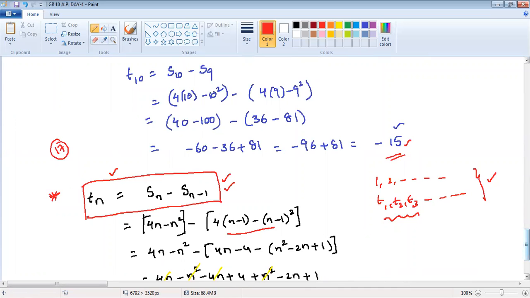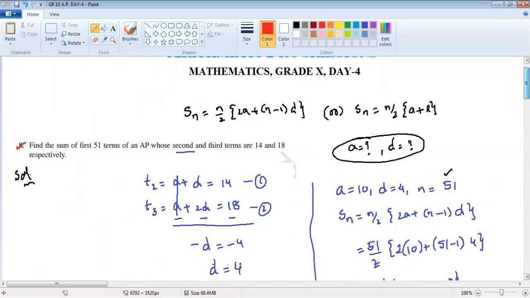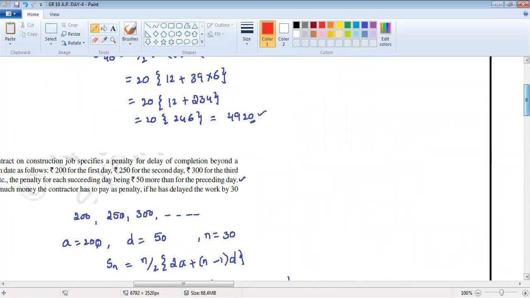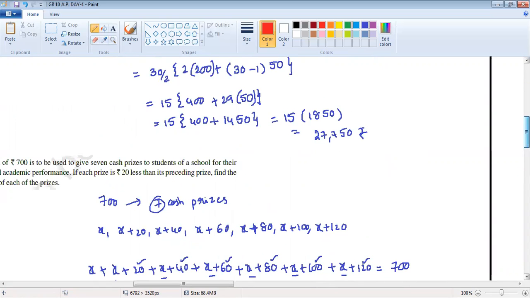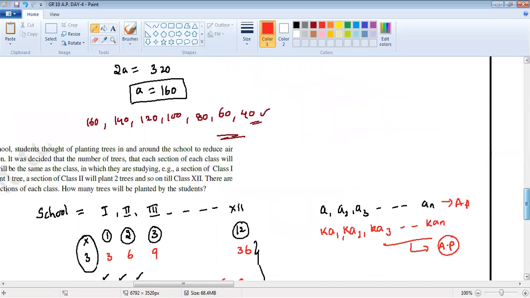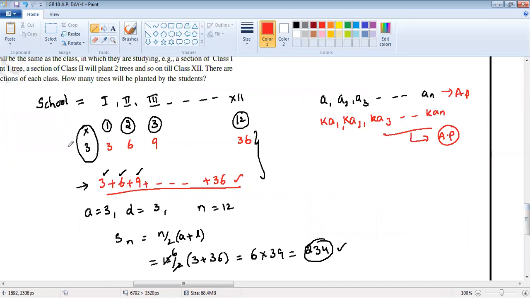And after that, construction job is fine. The 700 rupees cash prizes. This is mostly they'll ask for 3 mark or 4 mark. So here also we did these models. And next one here, multiplication with the 3. So important property, I said, we have to remember. And we have learned this condition also, the resultant how it will be in AP.